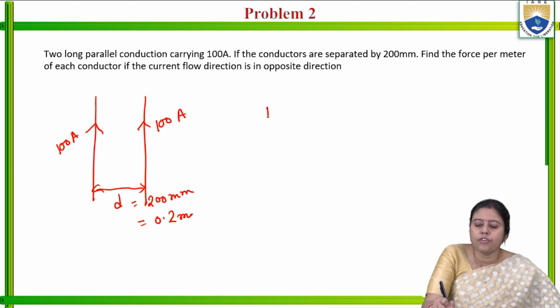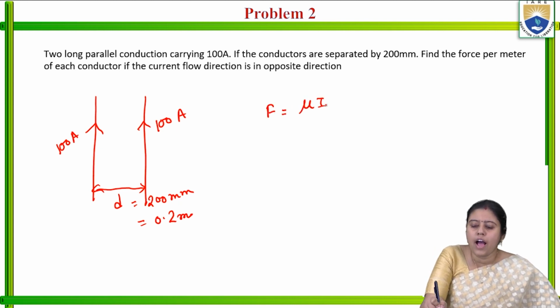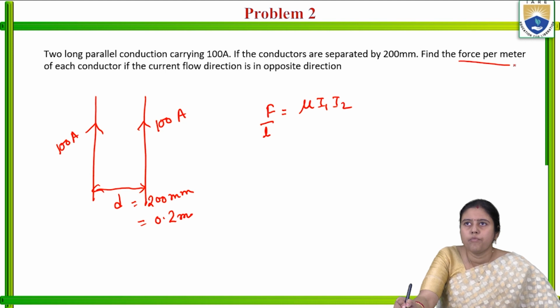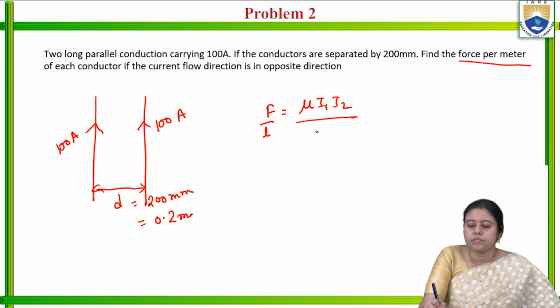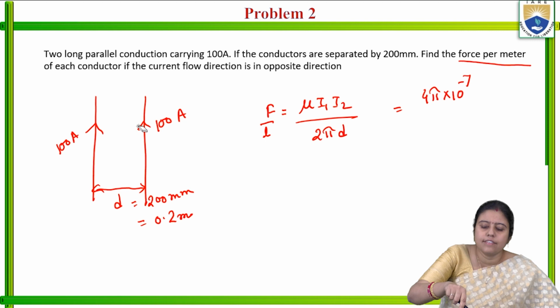So what is the force? Force per unit length, here also given in the question as force per meter, is mu I1 I2 by 2 pi d. Mu means 4 pi into 10 to the power minus 7. Here currents are flowing in the opposite direction.